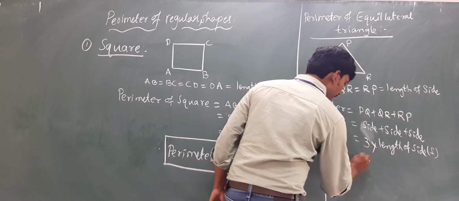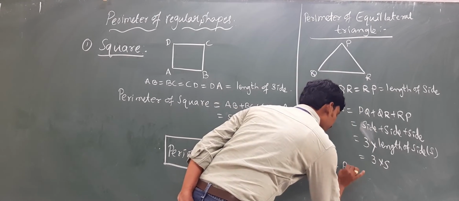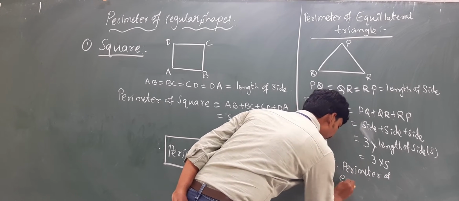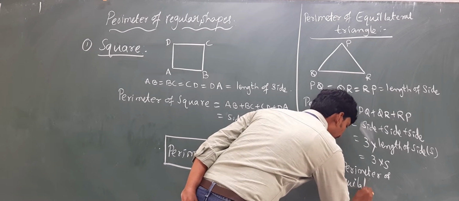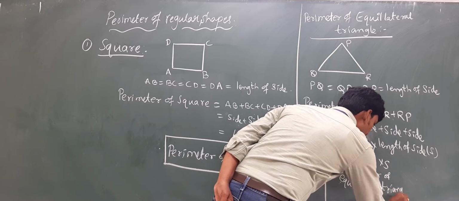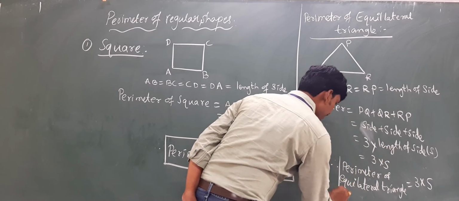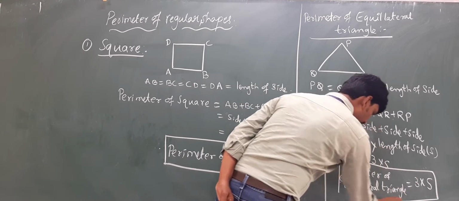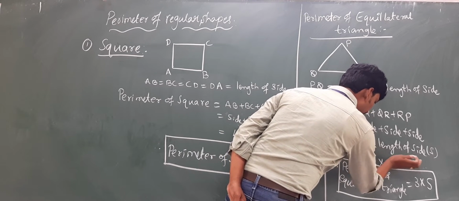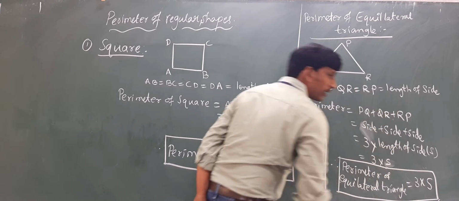So therefore perimeter of equilateral triangle is equal to 3 into side, 3S. Clear everyone? I hope you understood that. 3 into side gives the perimeter of the equilateral triangle.